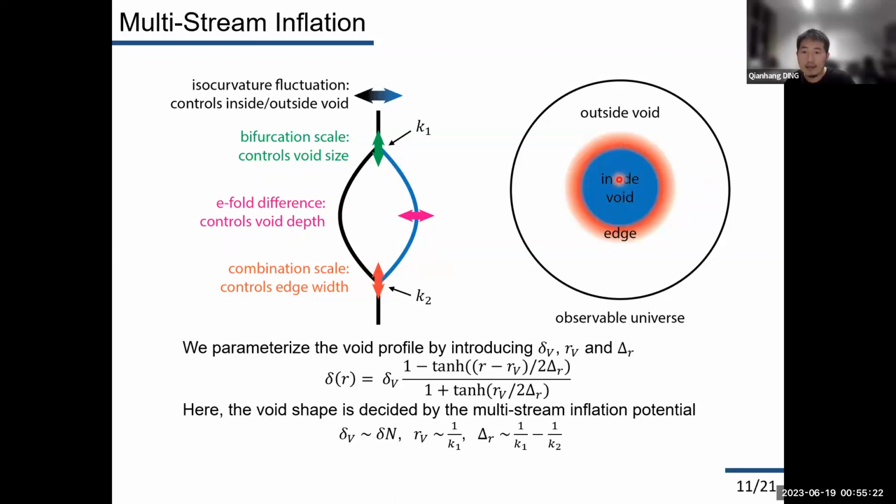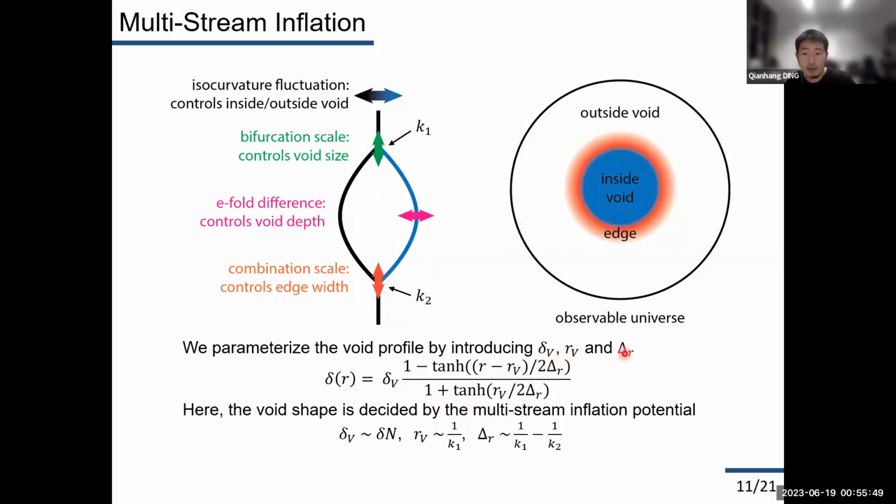The size of this void is controlled by this bifurcation scale, and the depth of the void is controlled by the e-folding number difference between these two trajectories. Then the thickness of this void is controlled by the difference between the bifurcation scale and the combination scale.